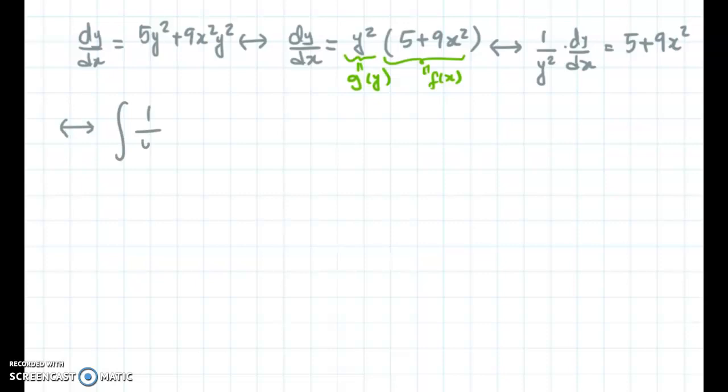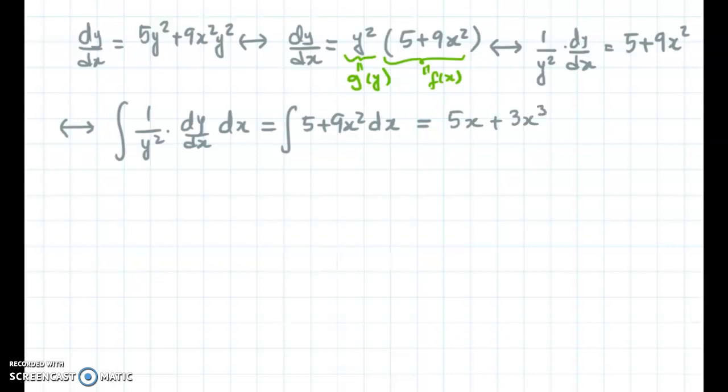So we have the integral of 1 over y squared times dy/dx is equal to the integral of 5 plus 9x squared with respect to x. I'm going to go ahead and solve what we have on the right-hand side because that's just looking for the antiderivative of a polynomial. So that's going to be 5x plus 3x cubed. So I take the derivative, the 3 will come multiplying to get the 9, plus a constant, and let's not forget this constant because it's actually important.